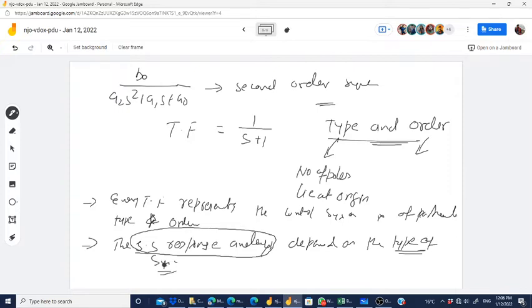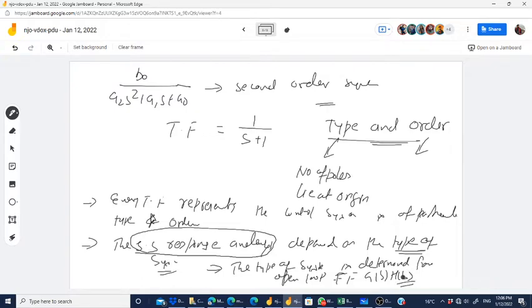Okay, and also it is very important, the type of system is determined from the open loop transfer function. Remember, open loop transfer function, that is G(s)H(s), right?